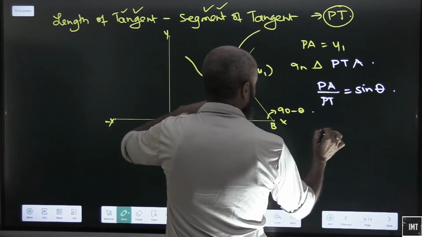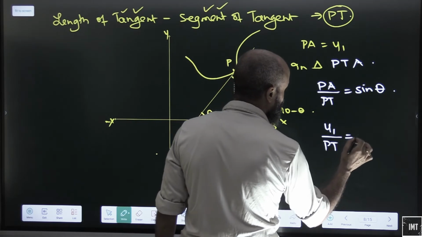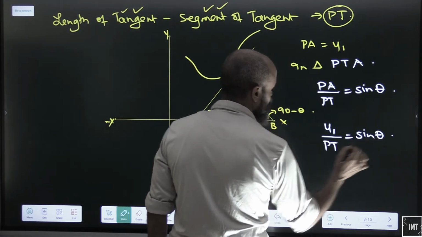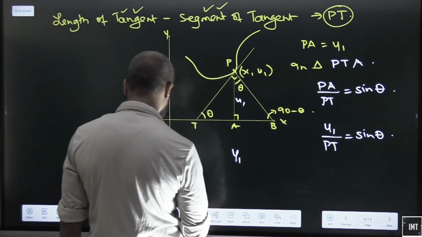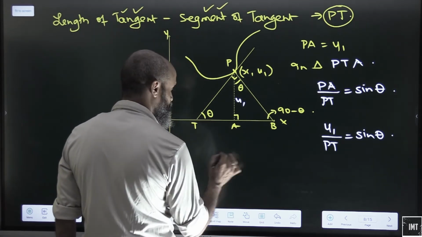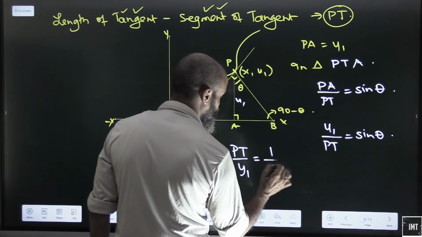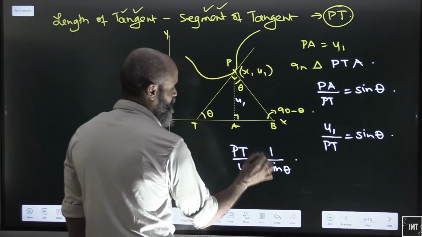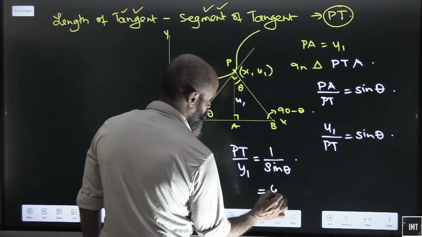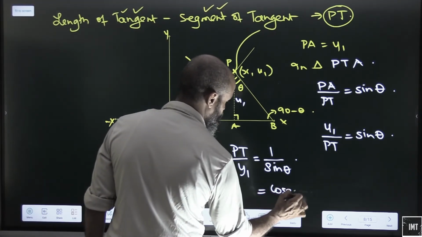So y1 upon PT is equal to sine theta, or PT by y1 is equal to 1 by sine theta, that is cosec theta.